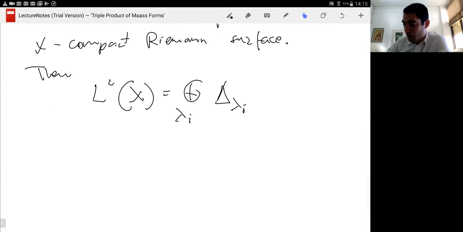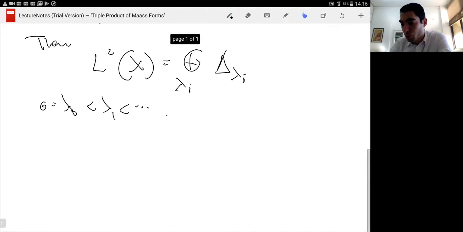And the Laplacian is self-adjoint, and the eigenvalues are non-negative. Of course, we have 0 because for the constant function, its Laplacian vanishes. Okay. So this gives rise to the following natural definition.